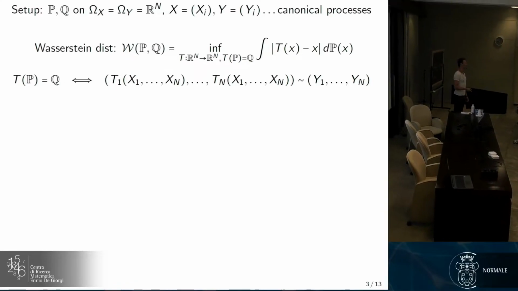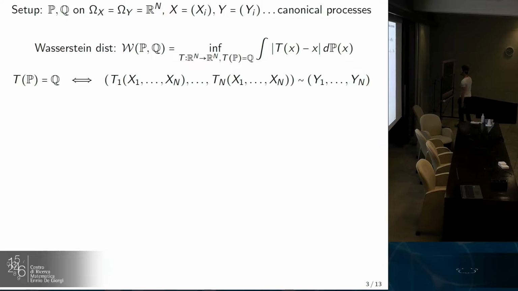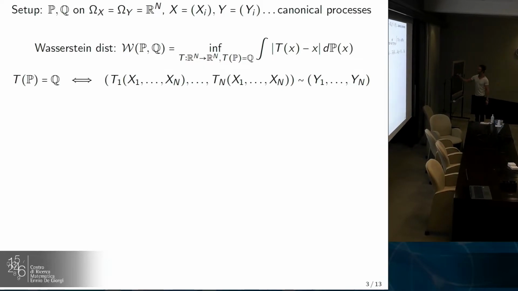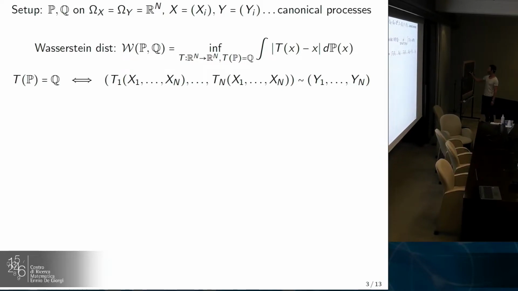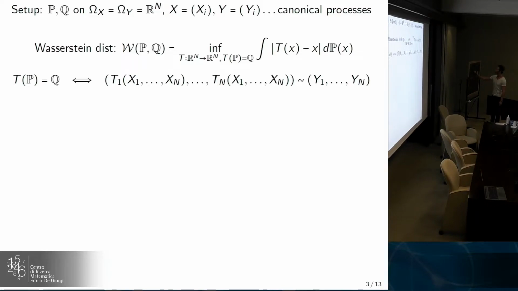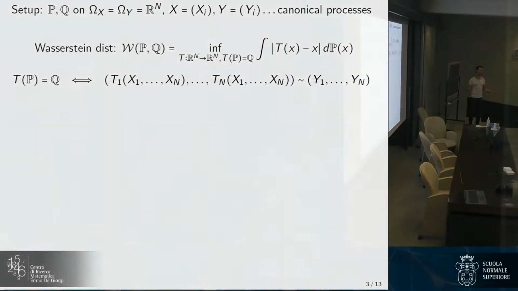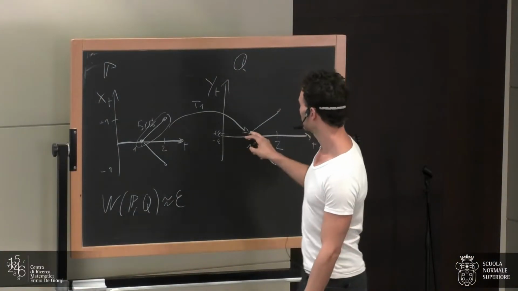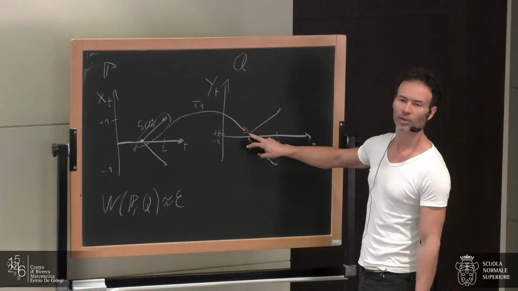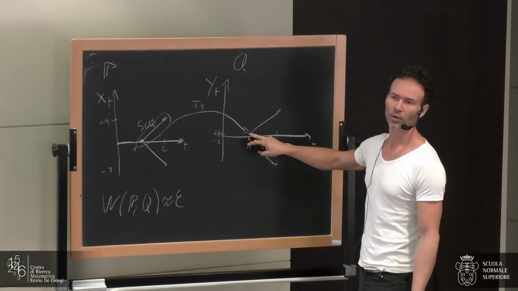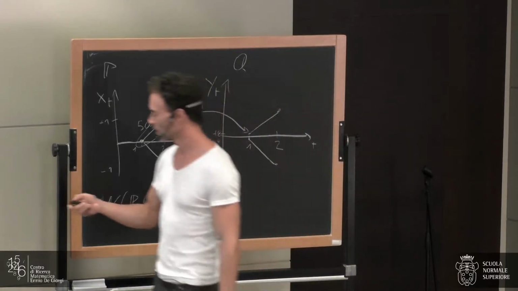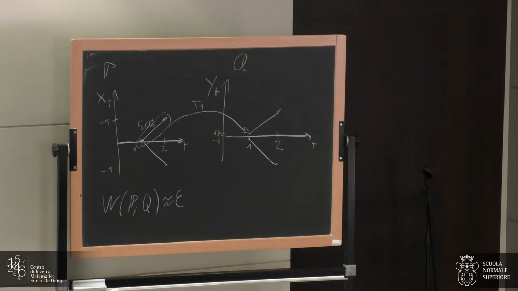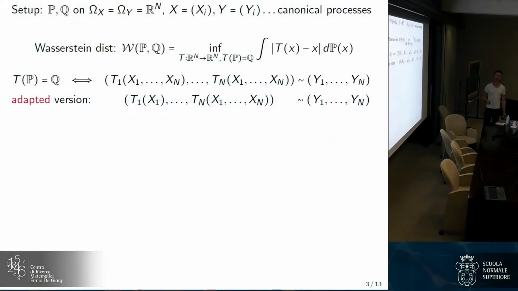Okay, so in this picture I would use the information about the whole path in order to map here with T1. And in a way, I think this is what's causing problems with classical Wasserstein distance. That even if you're trying just to determine the target point here, you're looking into the future and you're using the whole information about the future path of your process.